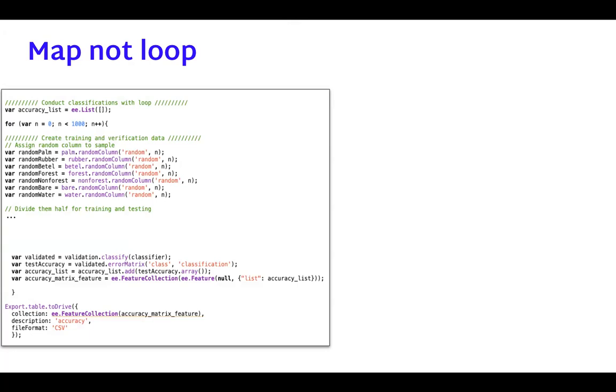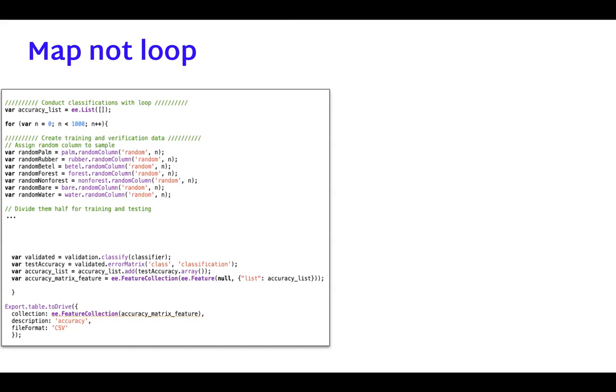So in this example, I wanted to run classification 1,000 times using different training samples. And if you were to use the loop function, which is not really recommended on the EarthEngine, this is how it will look. If you are a Python user, you immediately see the familiarity.